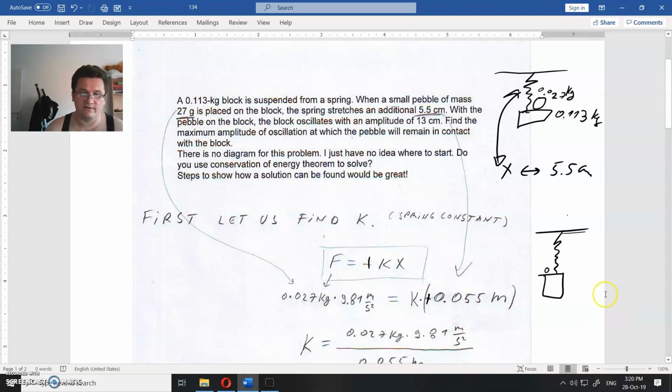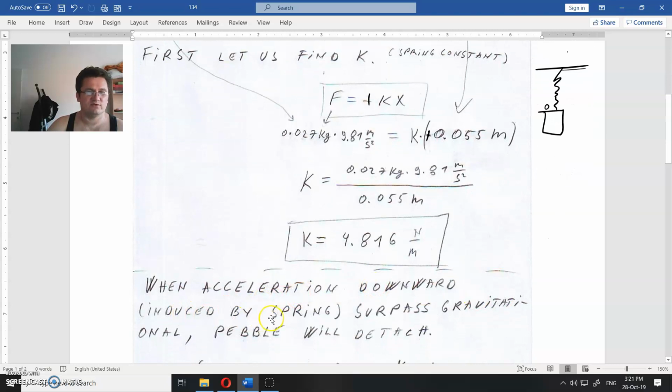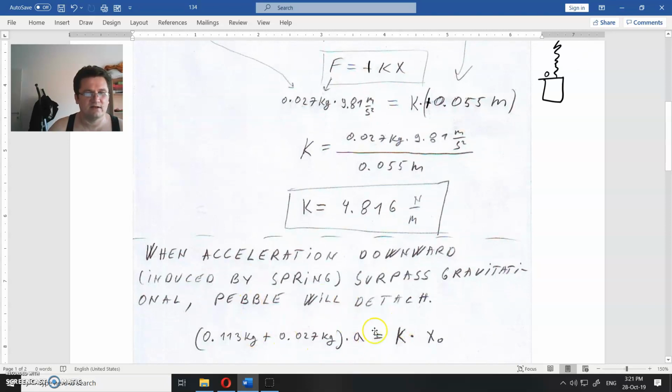It will not fall off when this block accelerates upwards, but it will fall off when this block comes to here and accelerates downwards with an acceleration greater than g. And there is an acceleration downwards induced by the spring. Surpass gravitational, and the pebble will detach. That's that. And that is the equation.